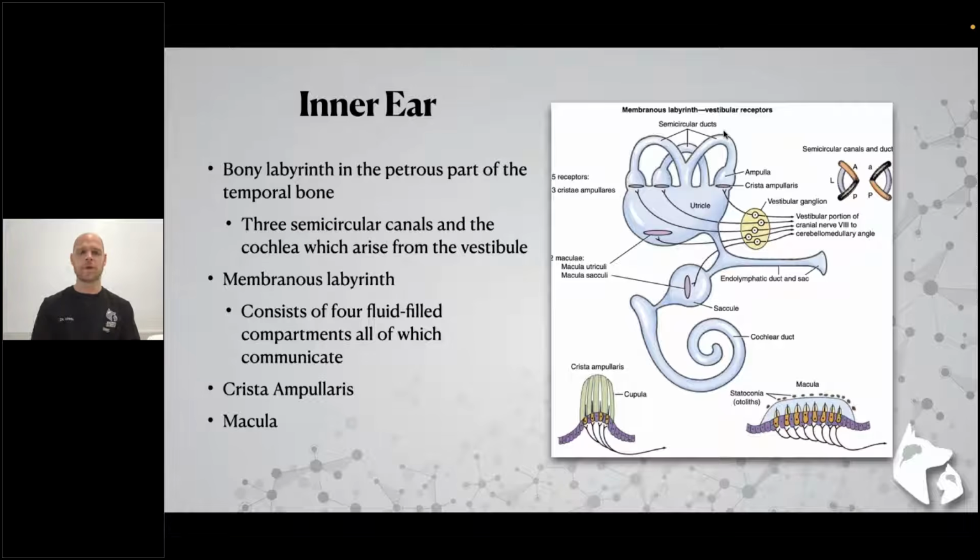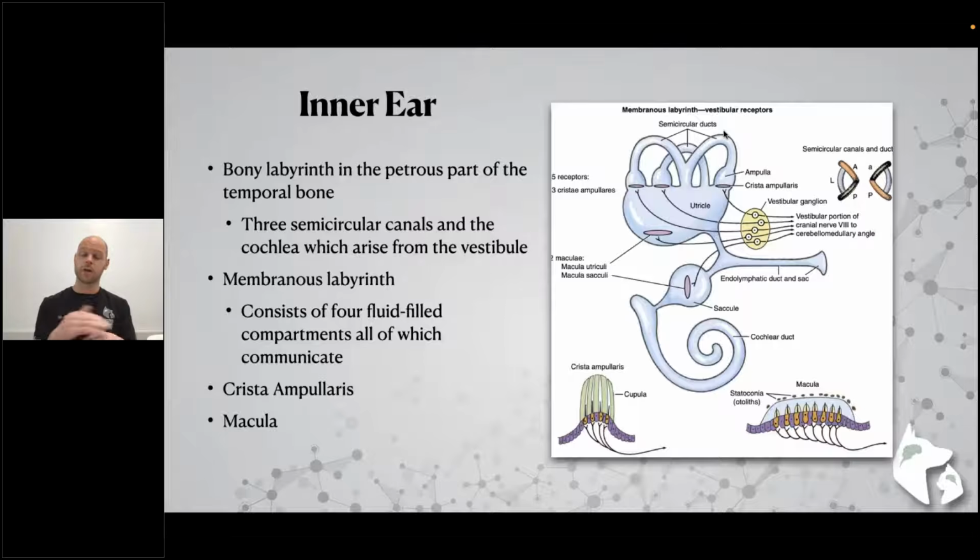And the crista and then the macula, which are located in the utricle and the saccule, are essentially the receptors, connected to the dendritic zone of the vestibular portion of the vestibulocochlear nerve. So the crista, again, is at one end of each of the membranous semicircular ducts.